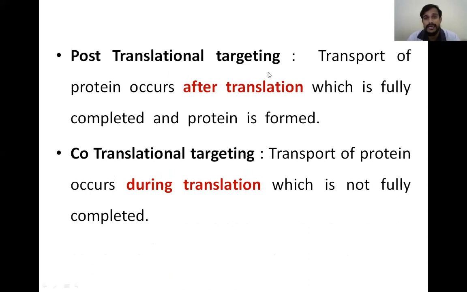In post-translational targeting, the translocation occurs after the translation, that is after formation of the complete protein. Whereas in co-translational targeting, the translocation occurs during the process of translation only, without complete formation of the protein. So that is post-translational and co-translational targeting.